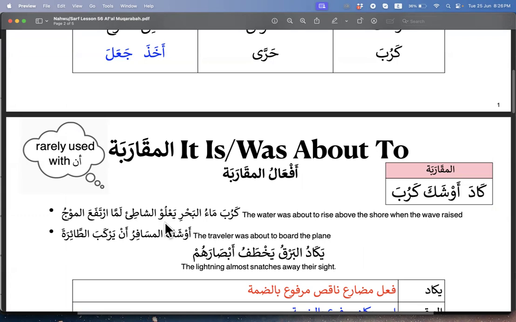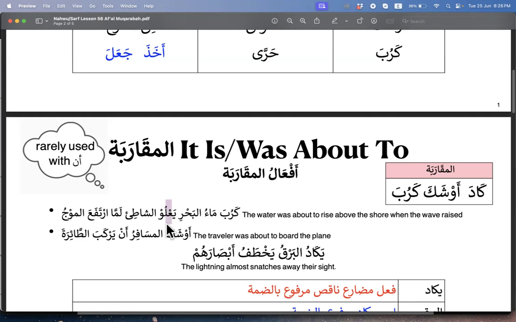Shati'u is basically the beach, the shore. This is ash-shati'a, the maf'ul of ya'lu. So the huwa is going back to something.